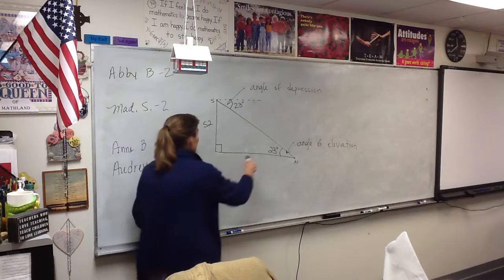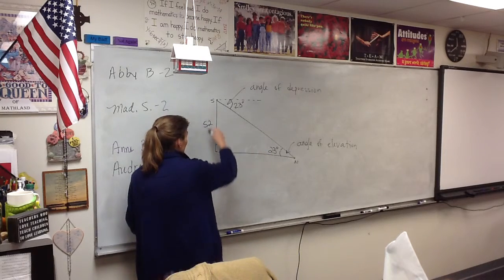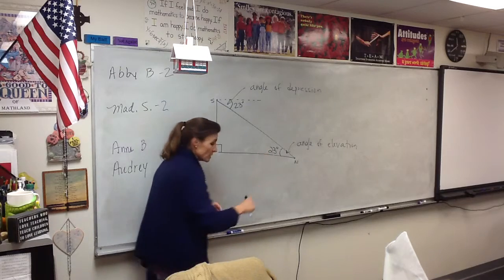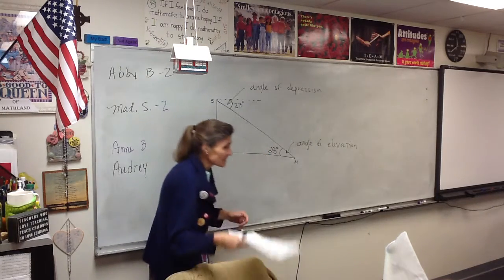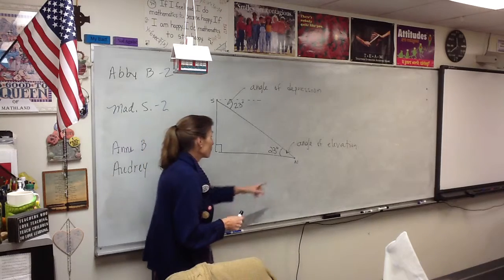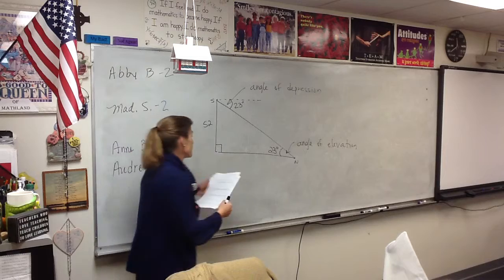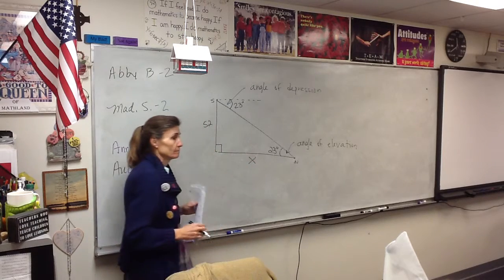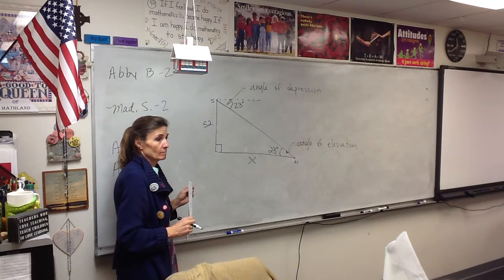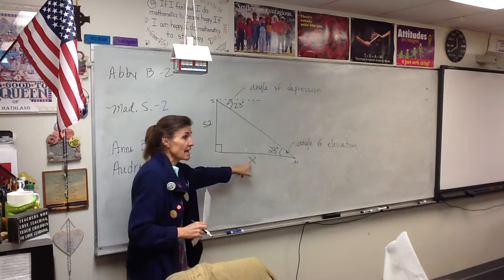So now I'm looking at this situation. I know that's 52. I know that's 23 degrees. And what was I supposed to find? Find the distance from the nut to the base of the tree. Does it make sense to you that that's the x?